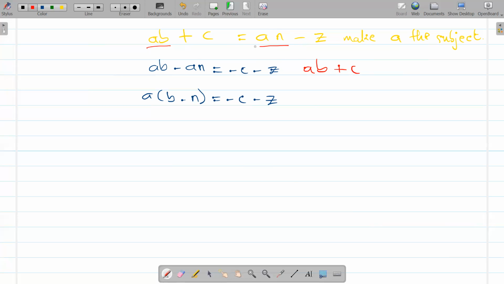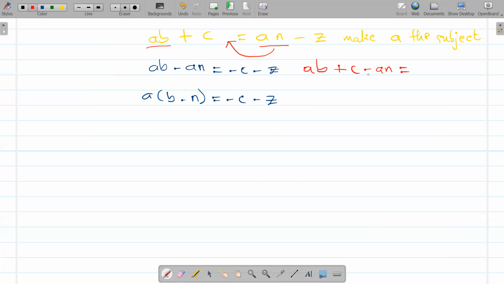If it comes to the other side, it becomes minus AN. So the AB plus C remains where they are. Then the AN will cross the equal to sign to this side, which makes this negative. Is that okay?